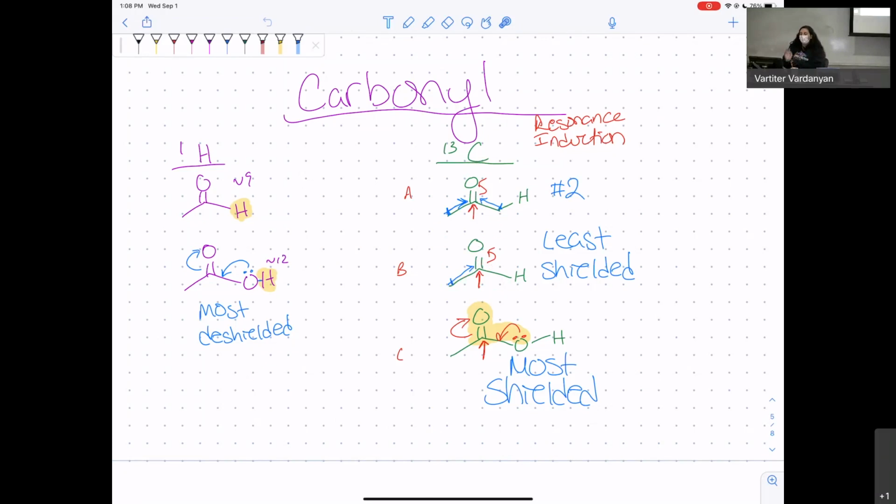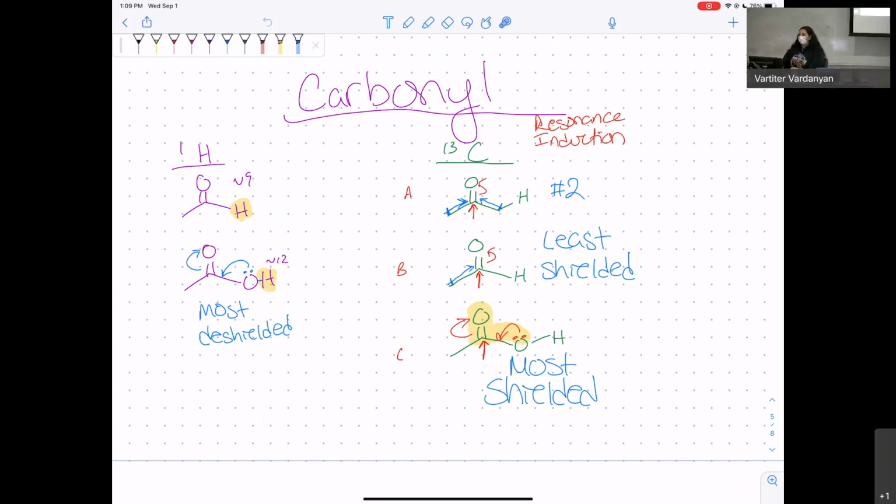Yes, so I want to be careful when I say that because some people are then like, okay, well then, does that mean induction is stronger? No, resonance is always going to be stronger. However, in hydrogen NMR, that means the carboxylic acid is the most de-shielded. But in carbon NMR, that means the carboxylic acid is more shielded.